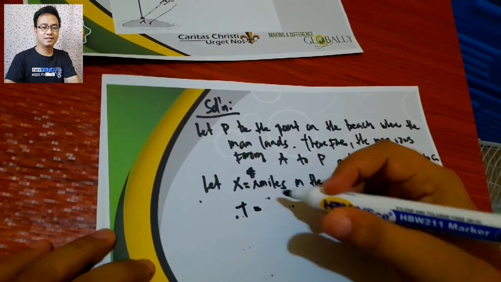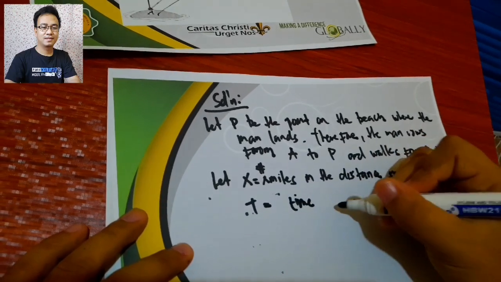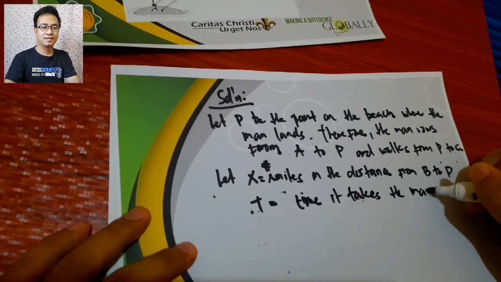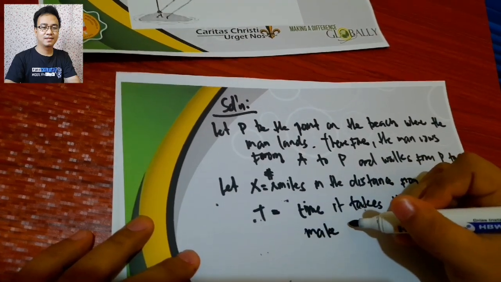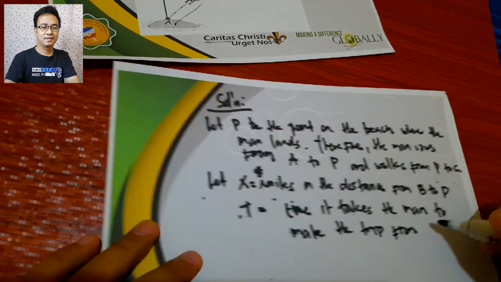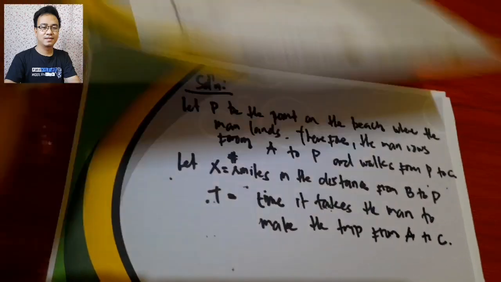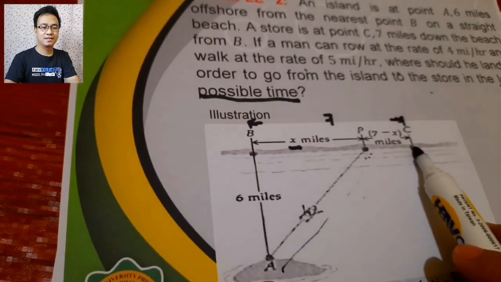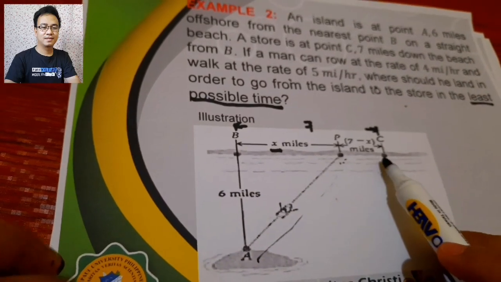Also, we let T be the time it takes the man to make the trip from A to C. So if a man from point A will row from point A, papunta siya sa point C. Gagamit siya ng bangka from point A to point P, and then from point P to point C maglalakad.